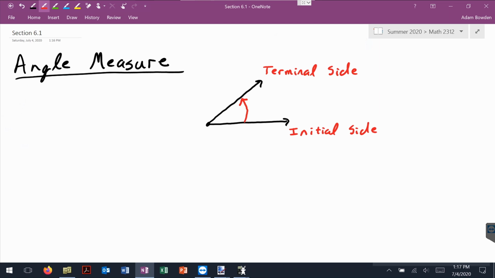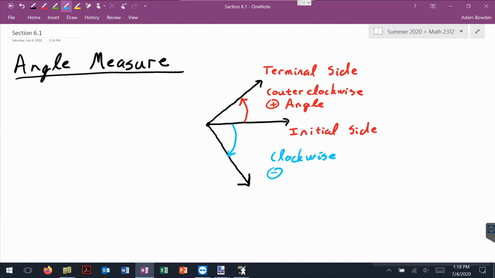The convention here is if we're going in a counterclockwise rotation, then that would be a positive angle value. However, if we were to rotate in a clockwise direction instead, we measure the angle, but the value of the measure of the angle would be a negative number.